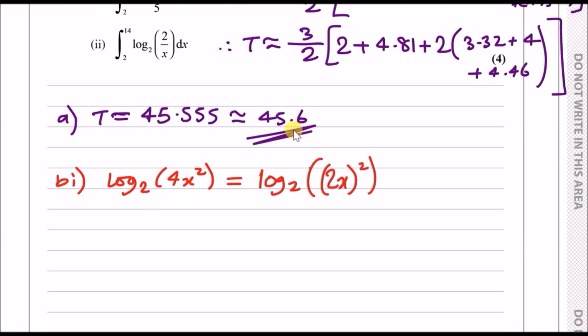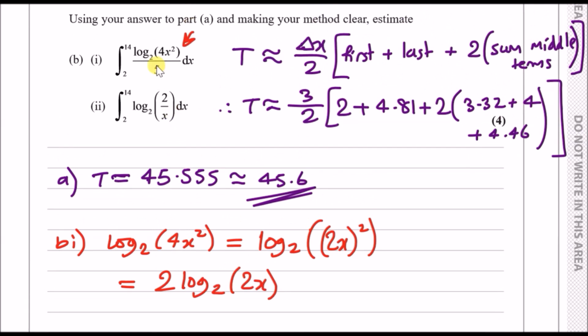That's exactly what it is. And one of the interesting properties of log is that if you've got a power inside the log, this power goes in front of the log term. So this is now just 2 times log 2, and then you're left with 2x. So all of that just becomes 2 log 2 of 2x.